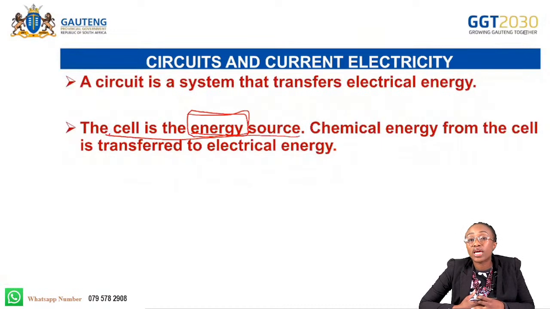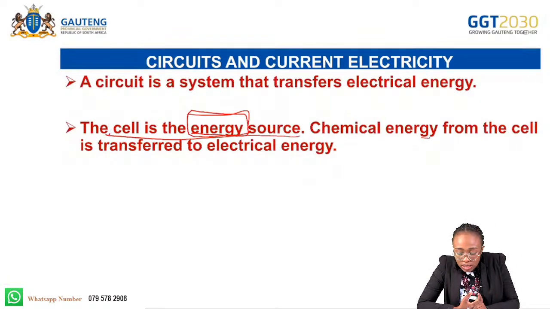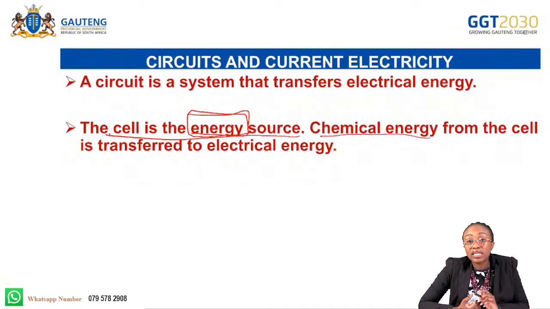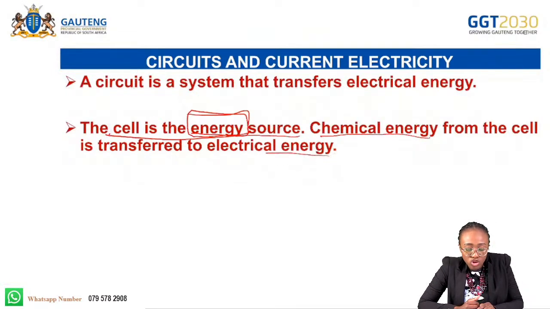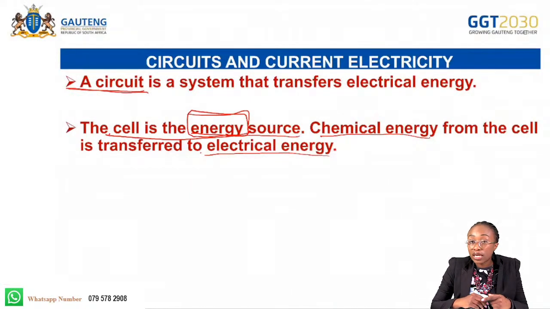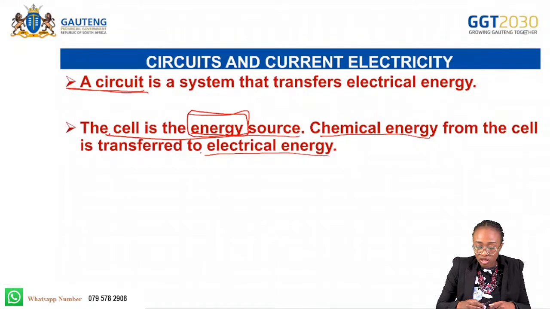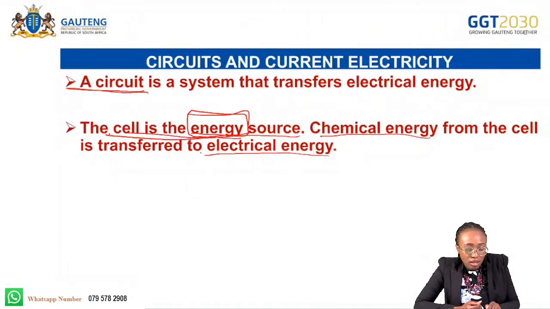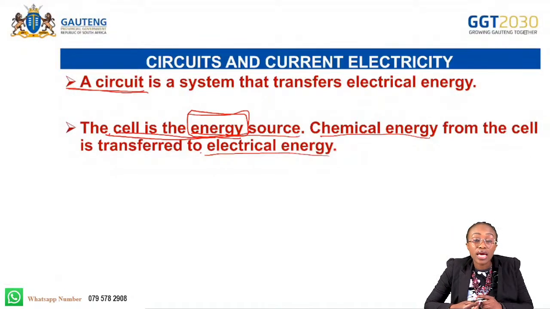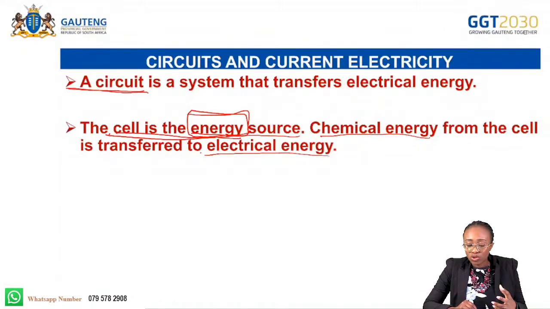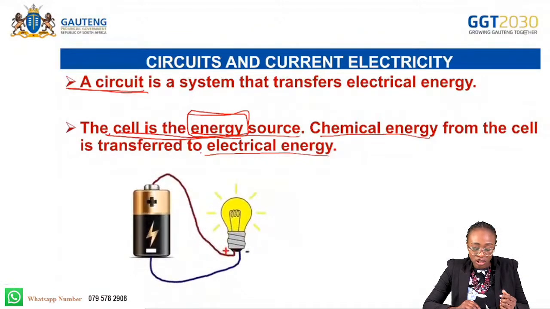What type of energy is it? It is chemical energy. That chemical energy stored within the cell is transferred to electrical energy in a circuit.